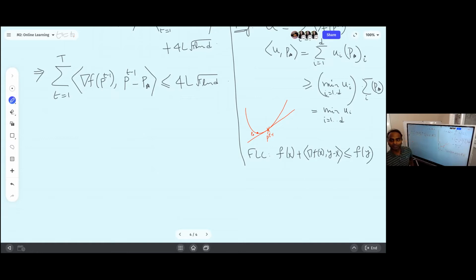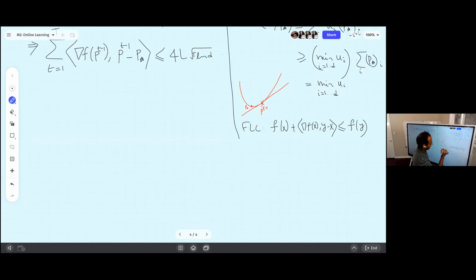So let's apply this with x equal to p_{t-1} and y equal to p star. The same trick we used in the analysis of gradient descent and stochastic gradient descent several times, so let's do it one more time. What do we get then? We get that f of p_{t-1} plus the gradient of f at p_{t-1}, inner product.